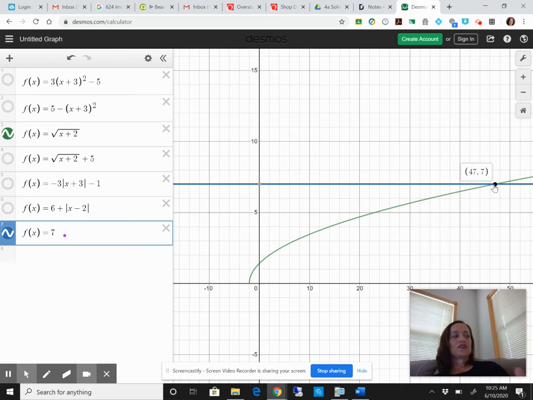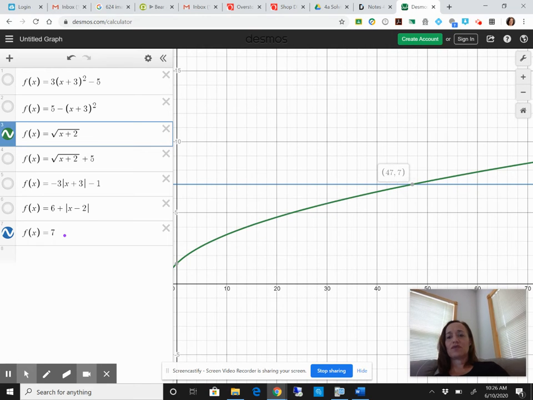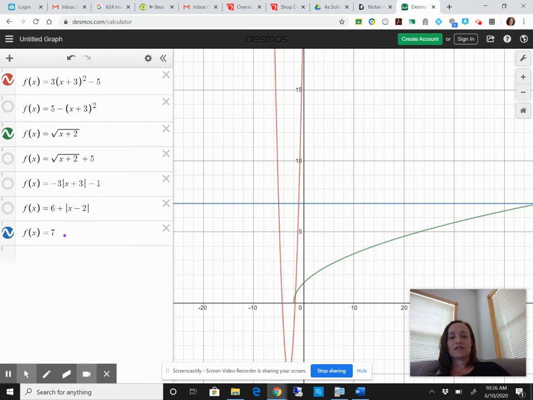Another thing I just wanted to briefly talk about: when you solve a square root function, you only get the one answer. The reason you only get the one answer is because it only crosses at one location. There's never, with a square root function, 2 different places it crosses. When we were doing the parabolas earlier, the parabola crossed at 2 places.